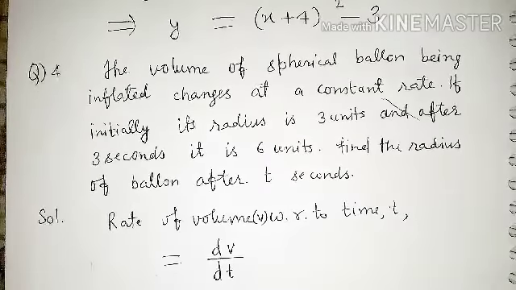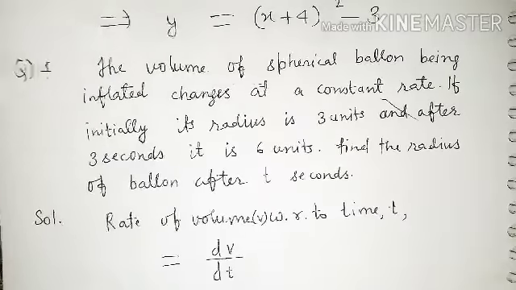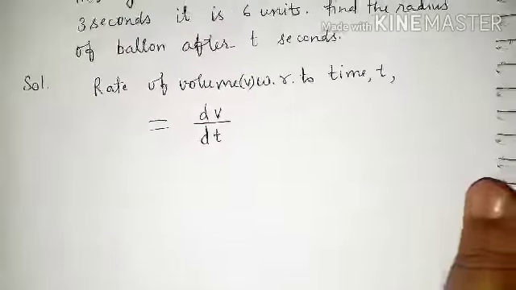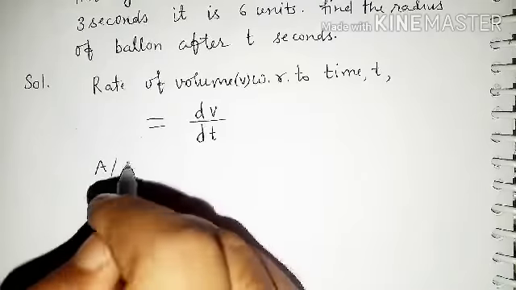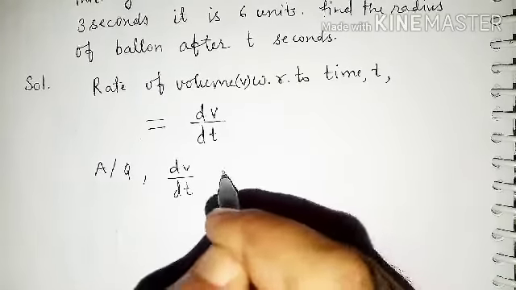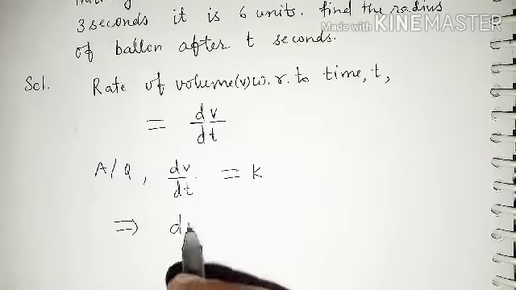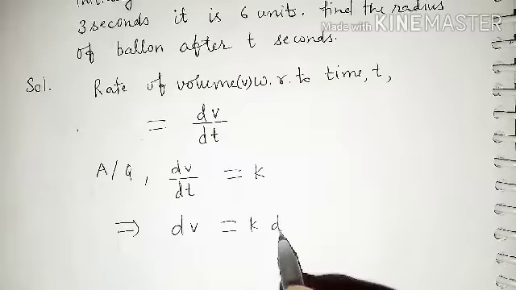According to the question, dV by dt is a constant k. This implies that dV is equal to k dt.